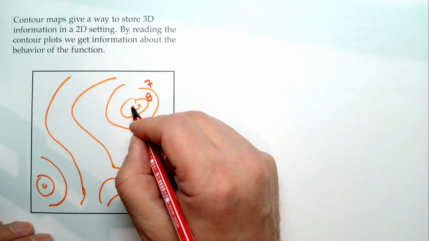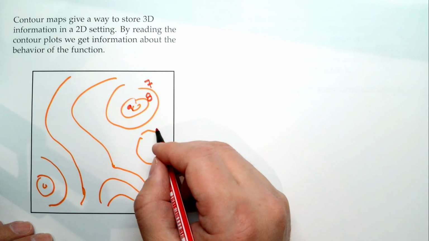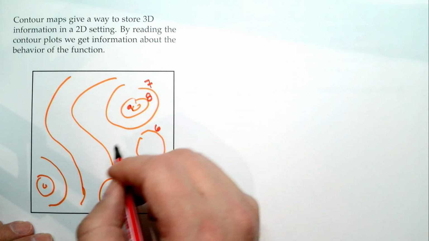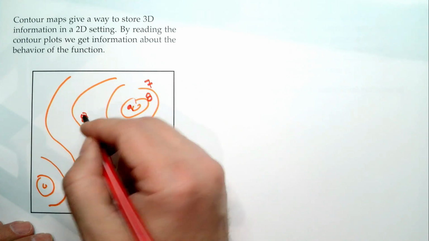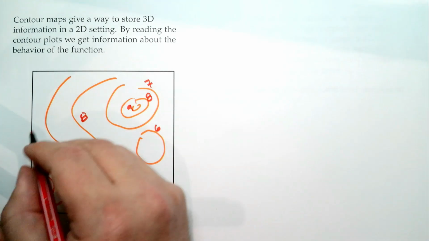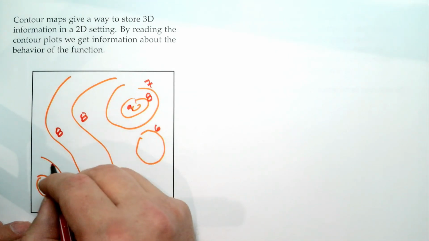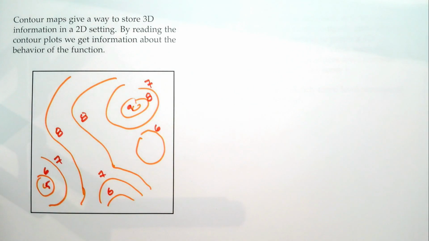I can put 7, 8, 9. Here I'll put this at 6. And then this will also be 8 and 7, 6. And this will be at 8 again, 7, 6, 5. Something more or less like that.